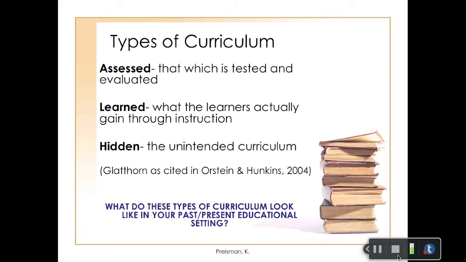Sometimes we don't mean to teach things, and we do. I'm sure you can go back and think about some of the teachers and instructors that you have had in your life and think about some of those hidden messages that they sent you. Organization, disorganization, kindness, not kindness, all of these hidden messages that we have.